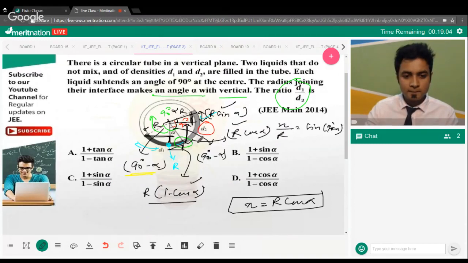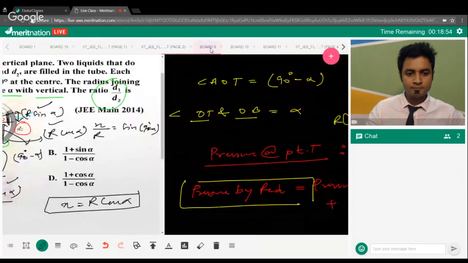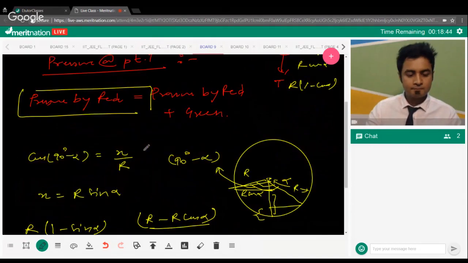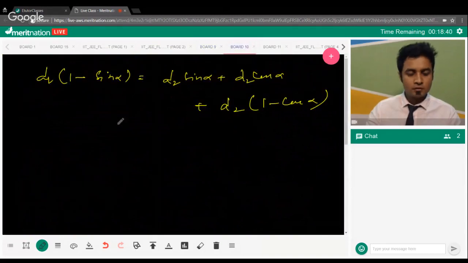So r cos alpha, yes, this is r(1 minus cos alpha). And this is 90 minus alpha. Yes. Okay. So d1, d2 sin alpha. Yes.